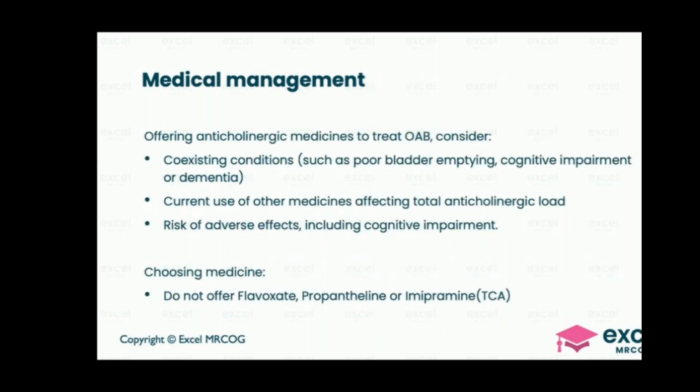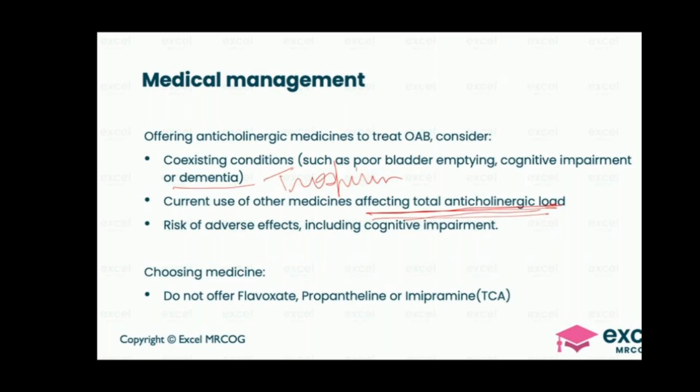Now, when offering anticholinergic medicines to treat OAB, consider coexisting conditions like dementia. As I mentioned, you will consider trospium in such patients. Also consider any other anticholinergic medications that she is already on.